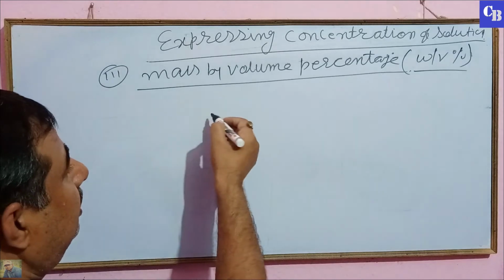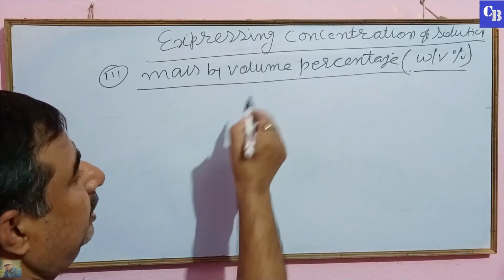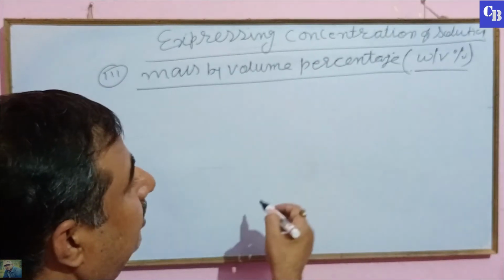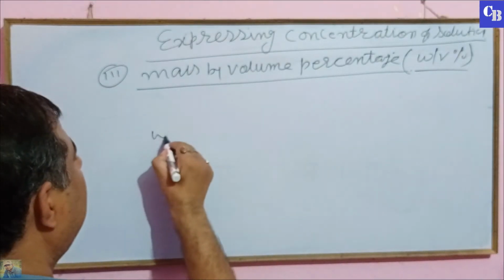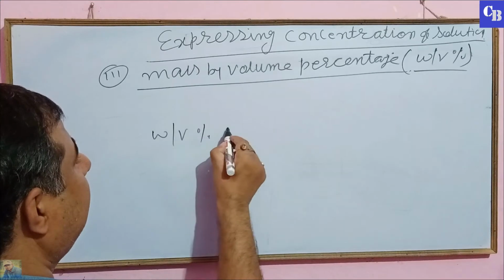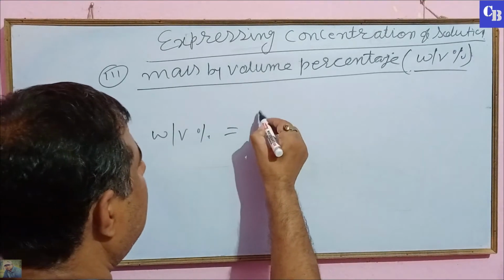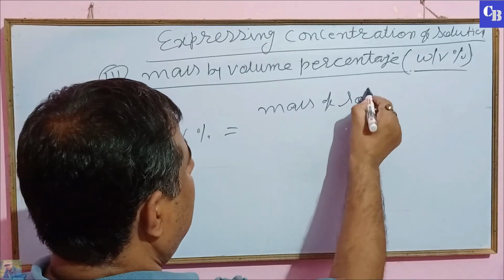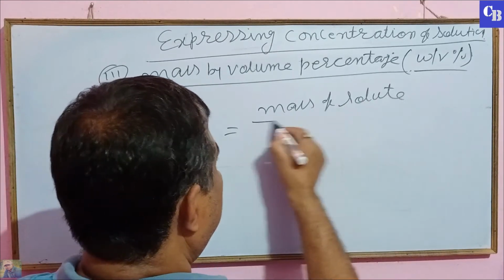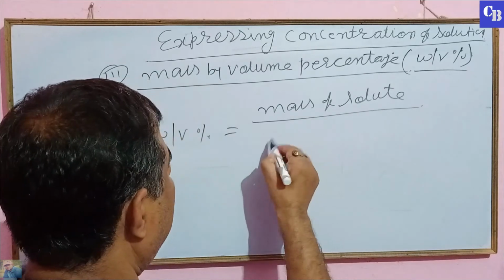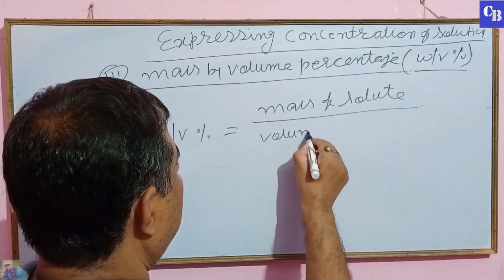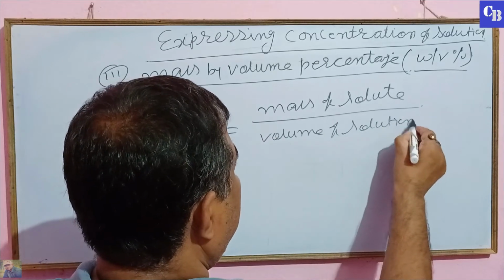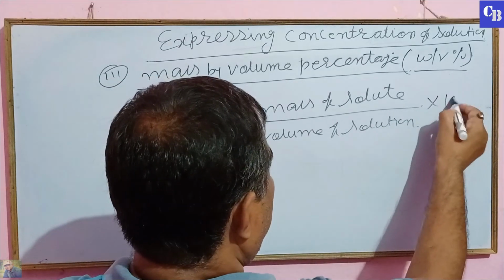Means mass is in solid state and volume is in liquid state, then that is expressed in W by V percentage. Means W by V percentage equals mass of solid divided by volume of solution into 100.